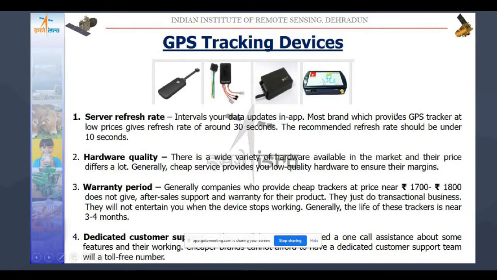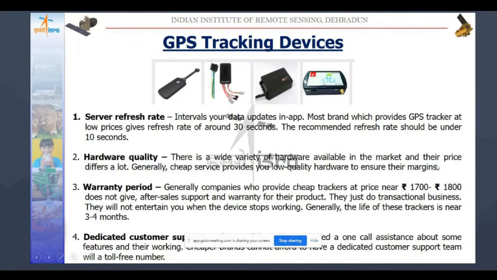A 10-second refresh interval will be more costly than a 30-second interval. Similarly, there is a wide variety of hardware available in the market and their prices differ a lot. Generally, cheap services provide low quality hardware to ensure their margins.